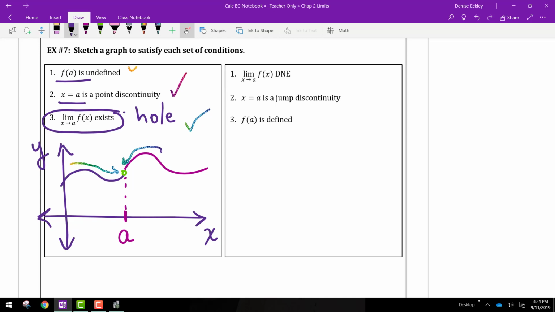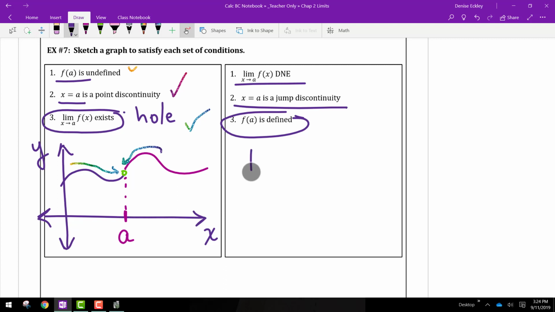All right, so let's try this again. We have no limit this time, which means we could have a jump, or we could have an unbounded function. But we're told in part 2 it is a jump, and it is defined. So that means one of the endpoints of the jump has to have a closed dot.